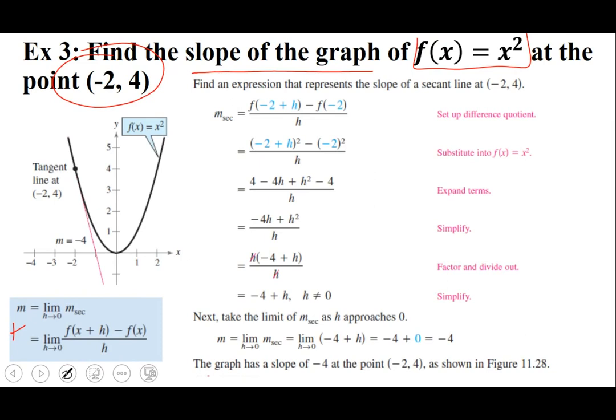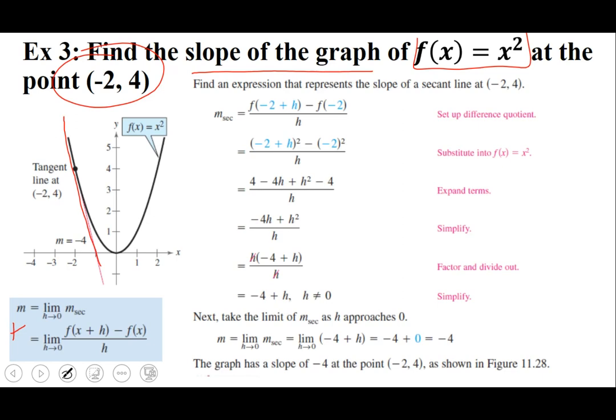I also have the graph of x squared and the point -2, 4. It also has the answer there, but it's good to consider the graph in relation to these problems. If you got a slope, in this case it looks like -4, and drew it onto the function, you'd want to make sure that it makes sense. If you got an answer like +1/3, that is clearly not the slope here. So keep that in mind.